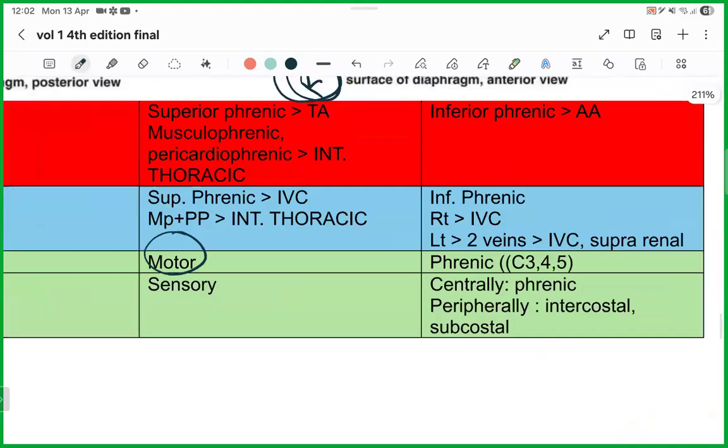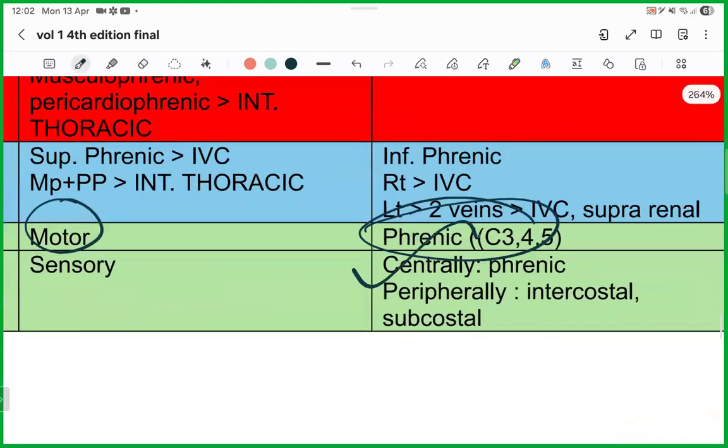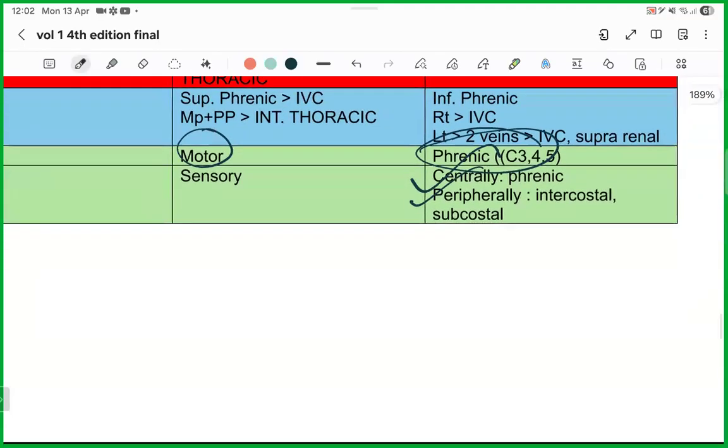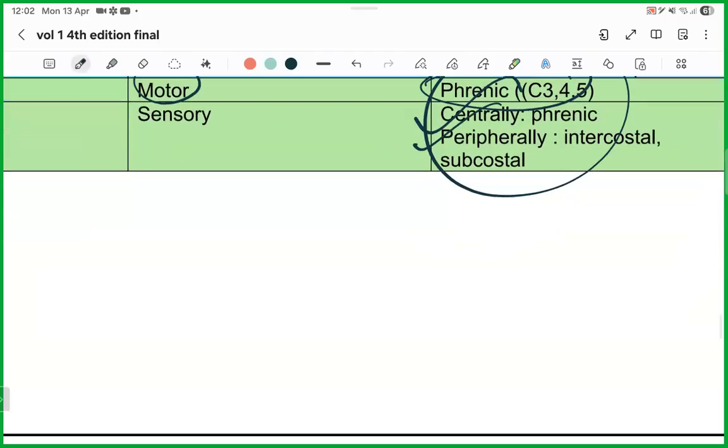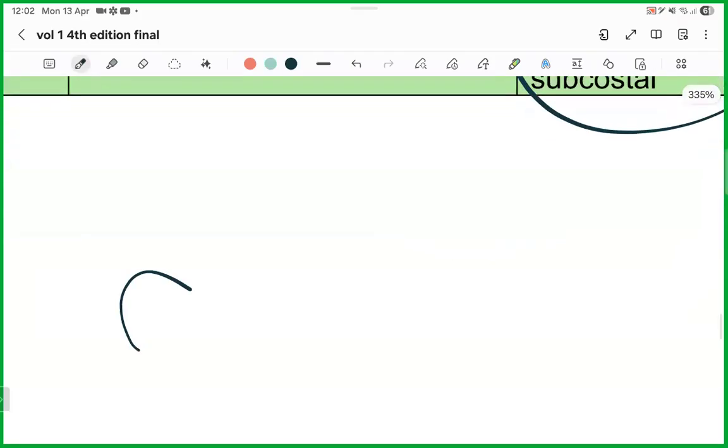But you need to know this one. The diaphragm is supplied by the phrenic nerve centrally, and peripherally by the intercostal and subcostal nerves. Will they ask you directly? No. What will they ask? This is the apex of the lung and this is the first rib.